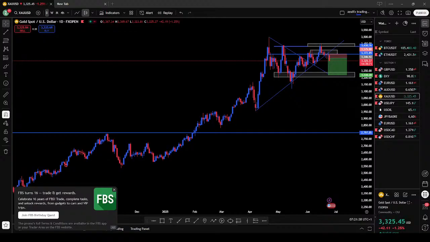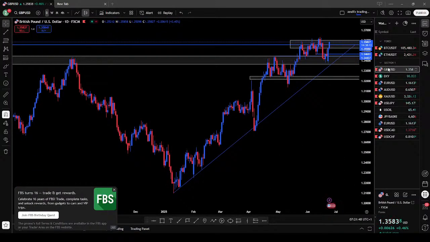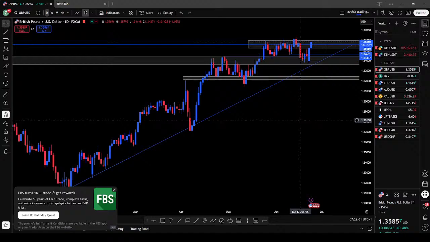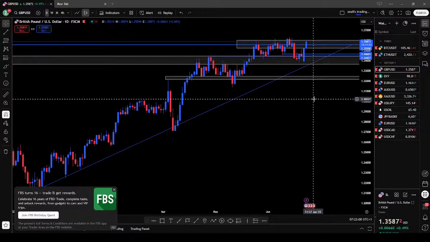So we'll be starting our analysis with the GBPUSD. The GBPUSD on my daily chart is currently at a weekly supply zone.